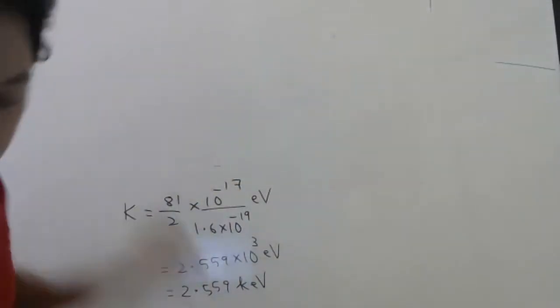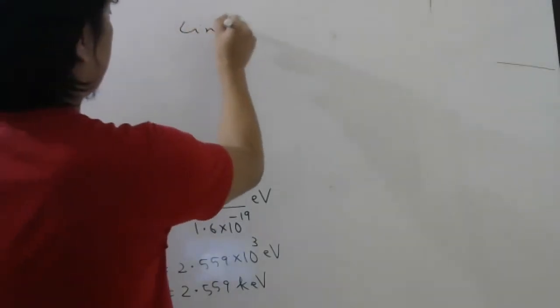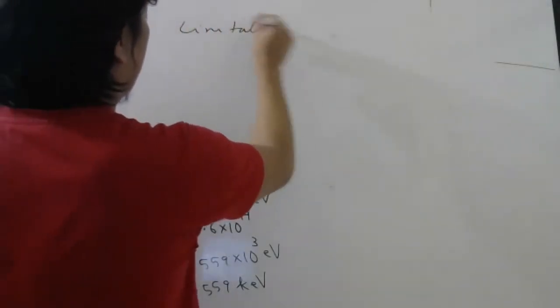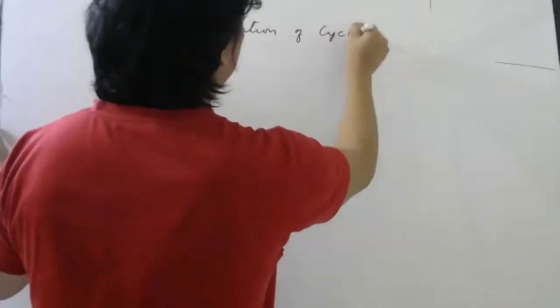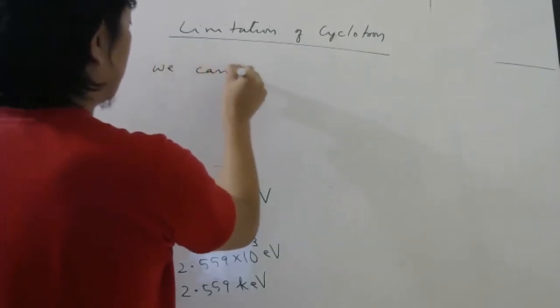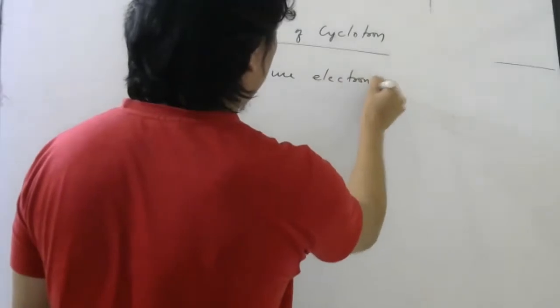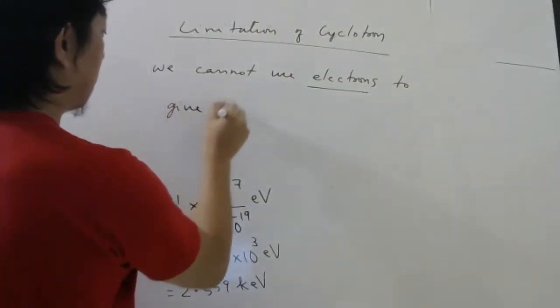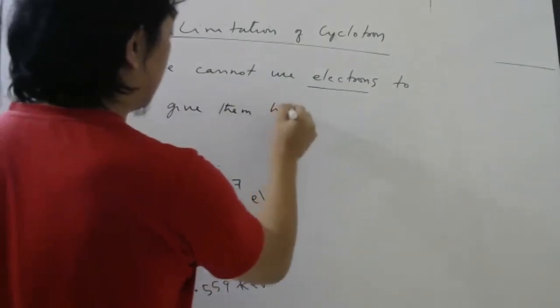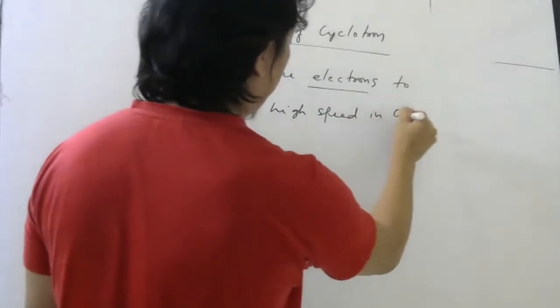One of the limitations of cyclotron is we cannot use electrons to give them high speed in cyclotron.